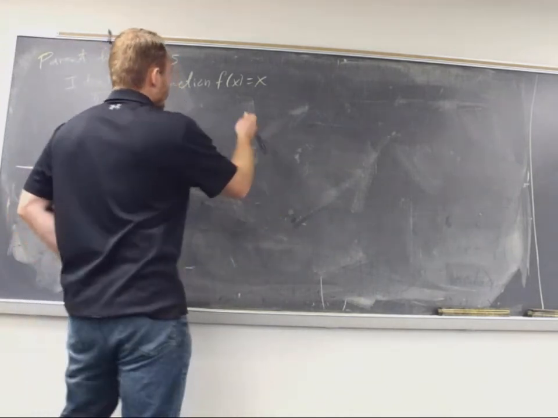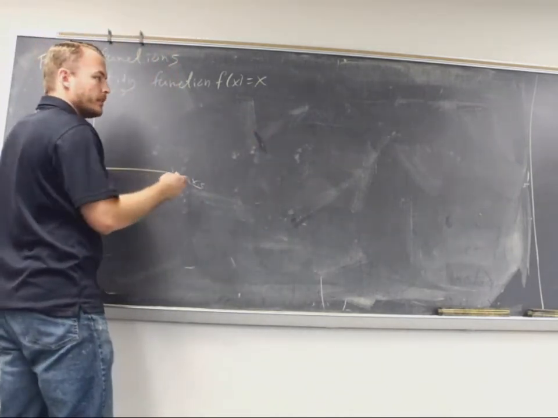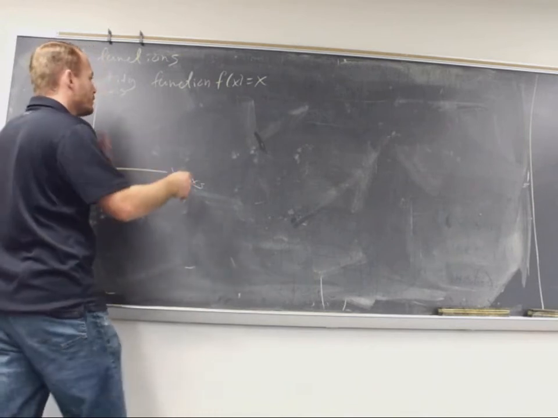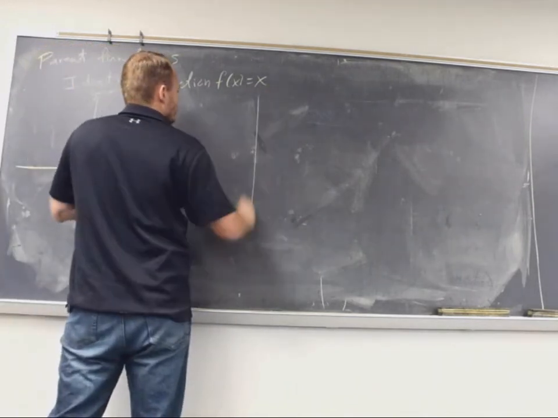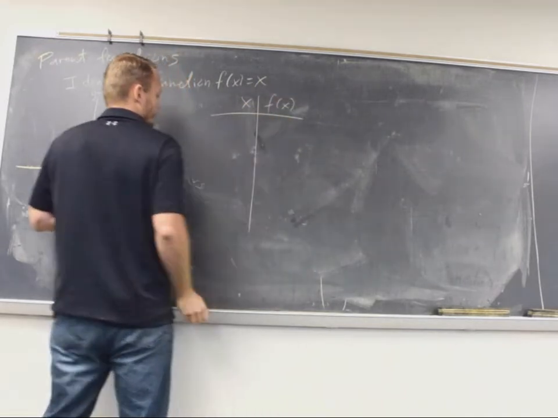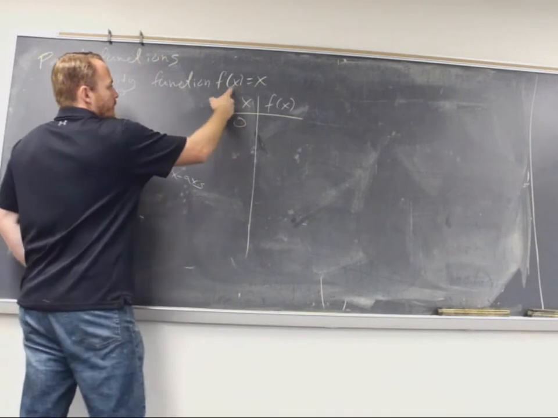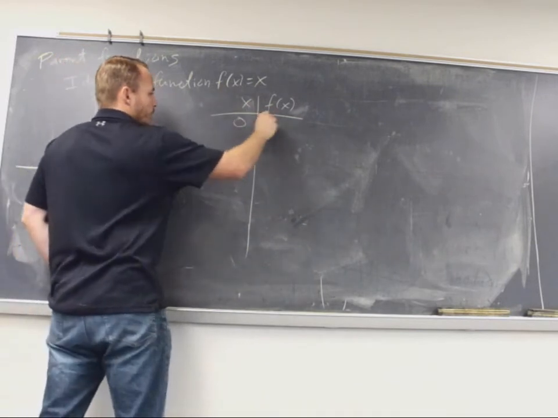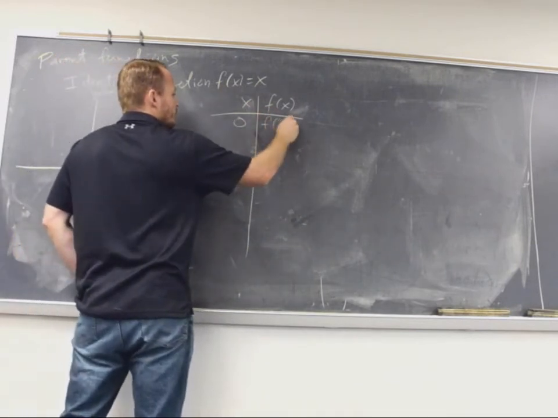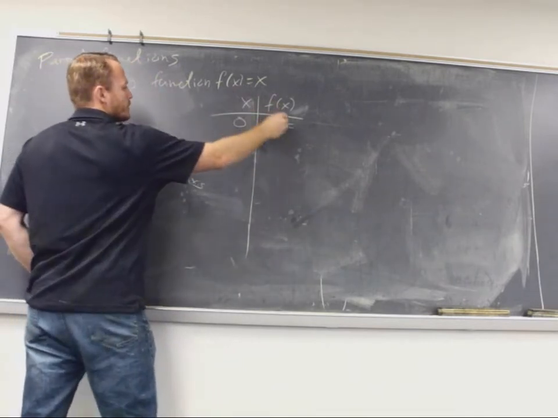This is the only one I'm going to do this on. I'm going to draw a t-chart to graph all these, but after that I'm just going to draw them. So you have x, and then you have your y value, f of x. If I plug in 0 for x, f of 0 means I plug 0 in everywhere there's an x, so I get 0.